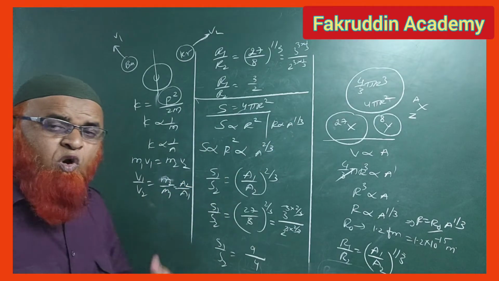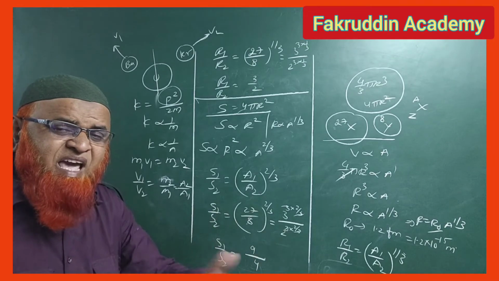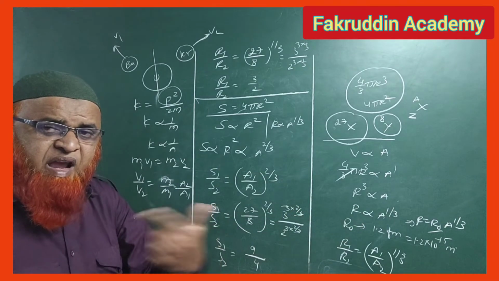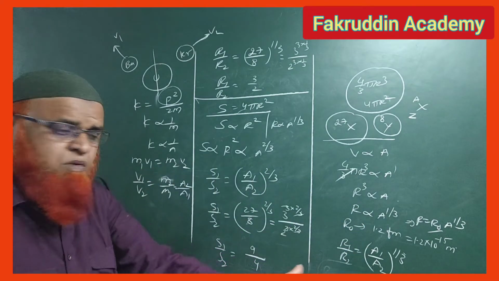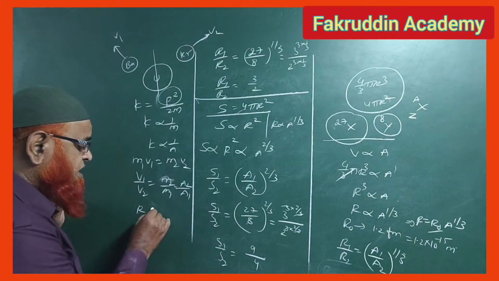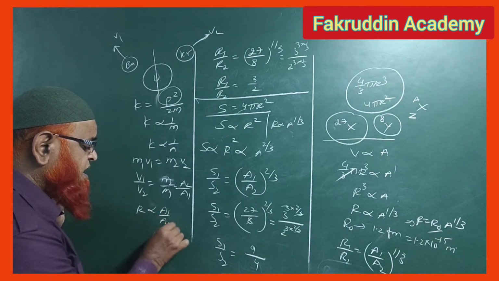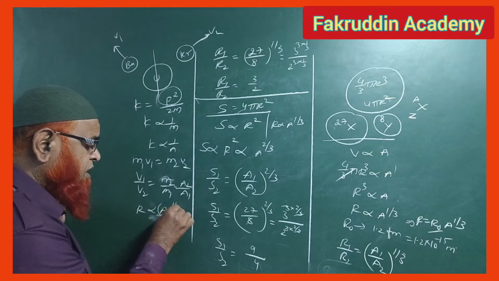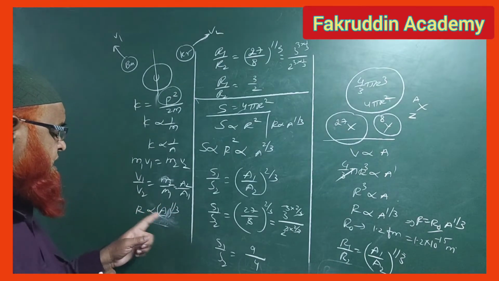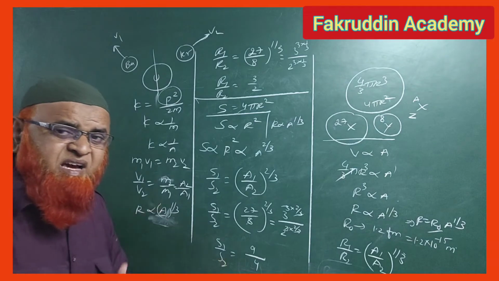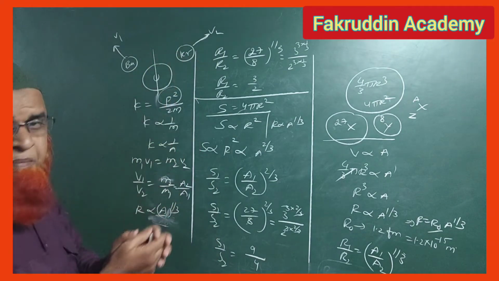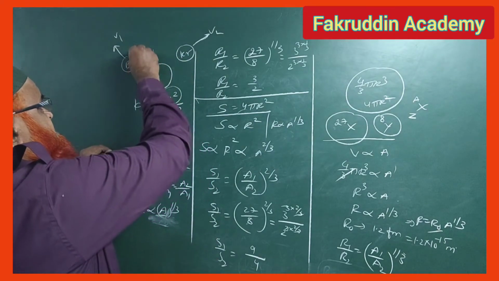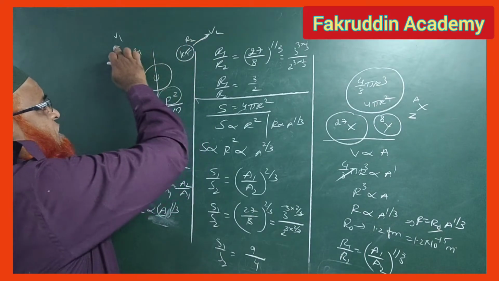And what is the relation between radius and their mass numbers? Radius and their velocities also we can find out now. Here we all know that radius is directly proportional to A power of 1 by 3. Then let us see what happens. What is the relation between radius and velocity after splitting? Let us imagine the radii of these two are R1 and R2, and velocities are V1 and V2.